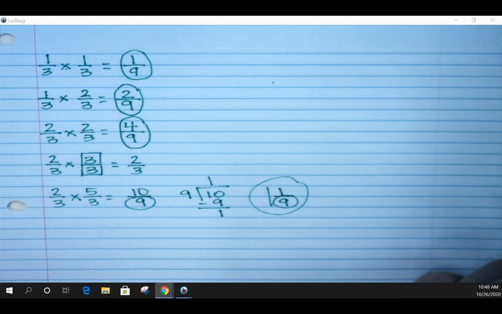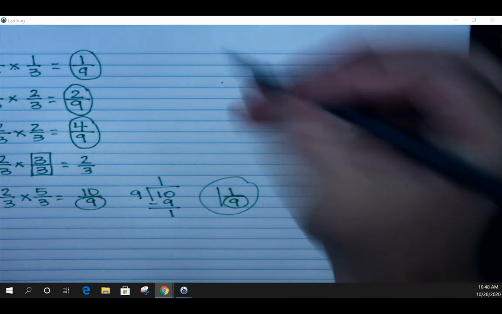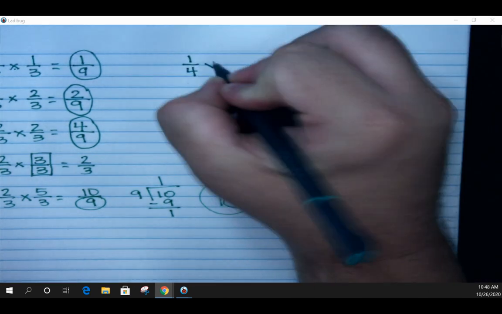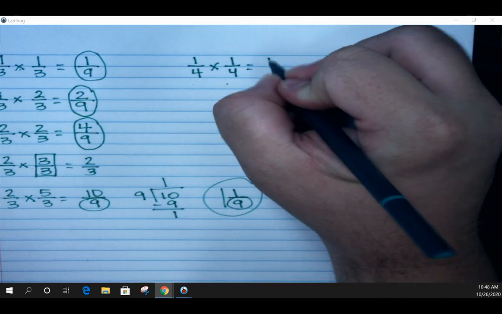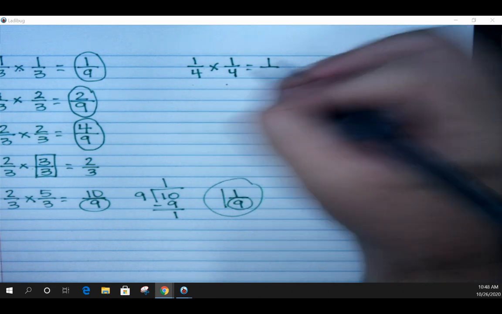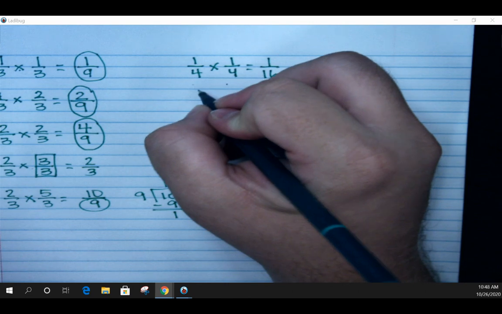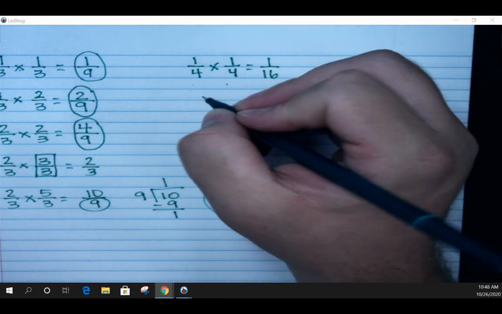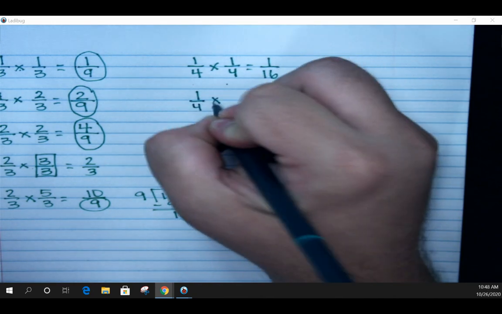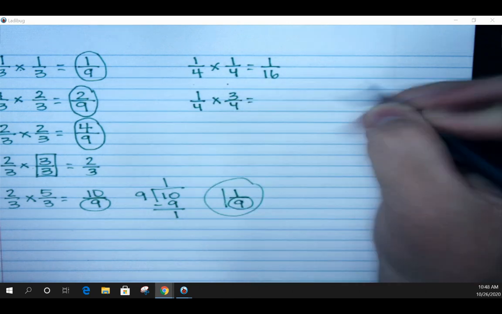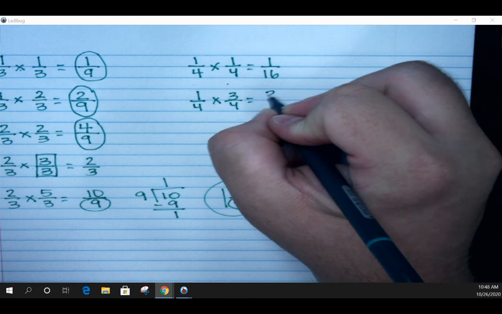Let's do fourths, please. 1/4 times 1/4 equals what? 1/16. 4 times 4 is 16. 1/4 times 3/4 is 3/16.